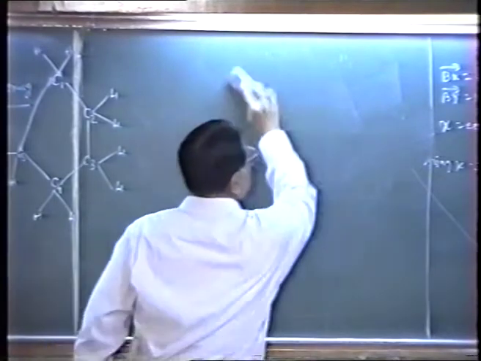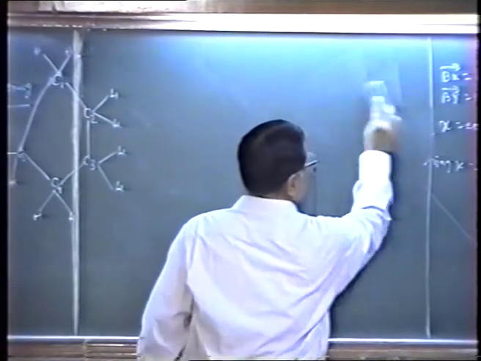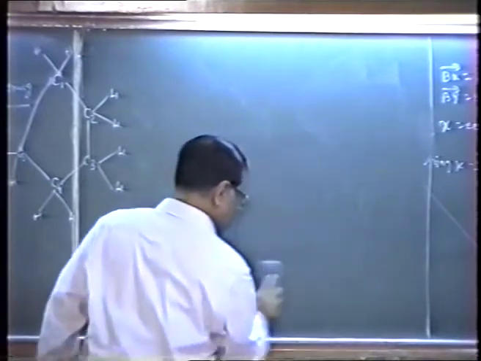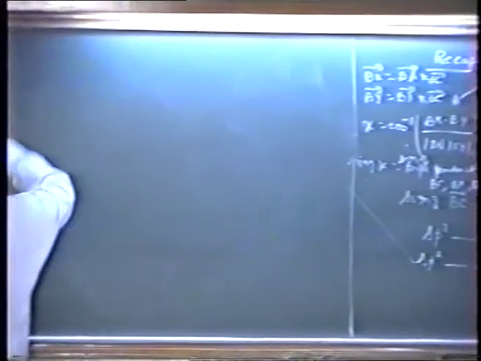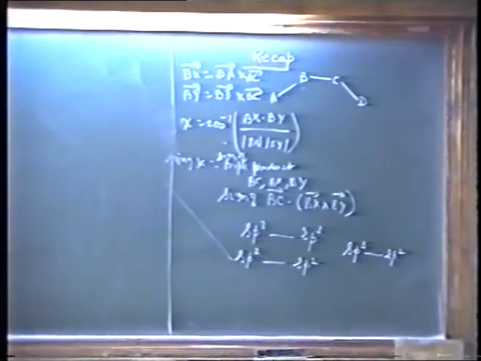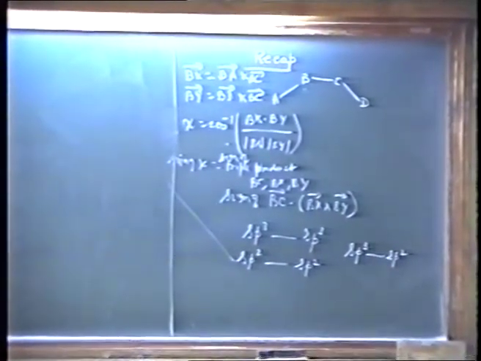So far we have seen that calculation of this torsion angle is from the orthogonal coordinate system, which means x, y, z are given to you.